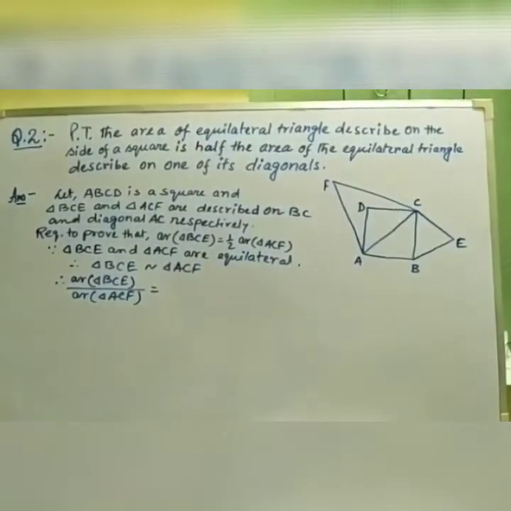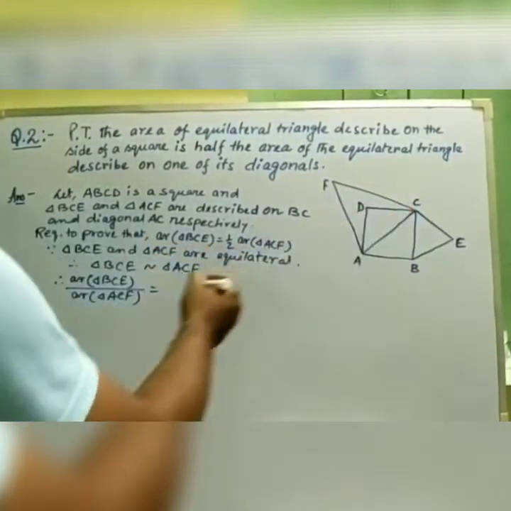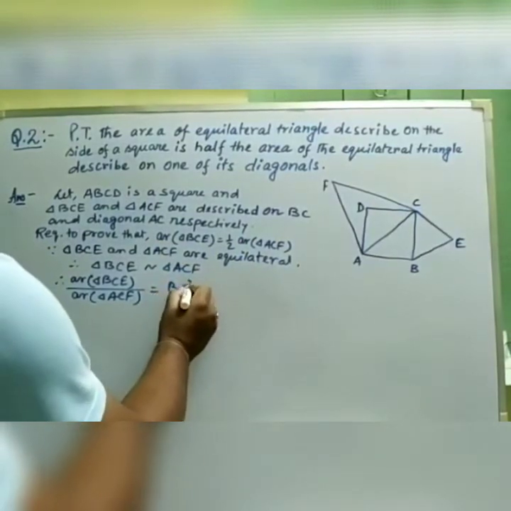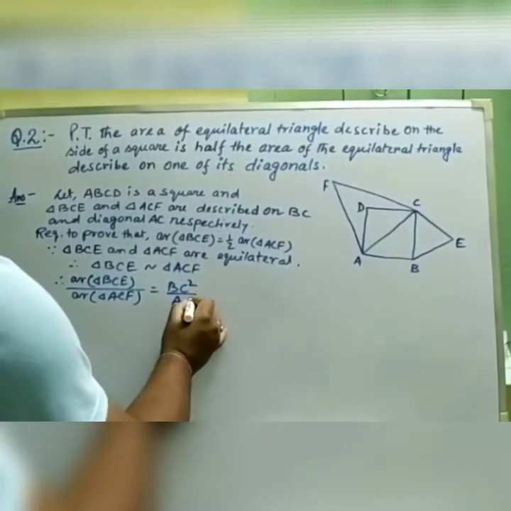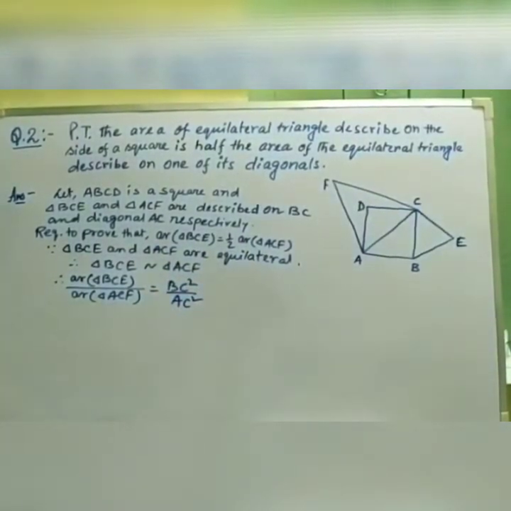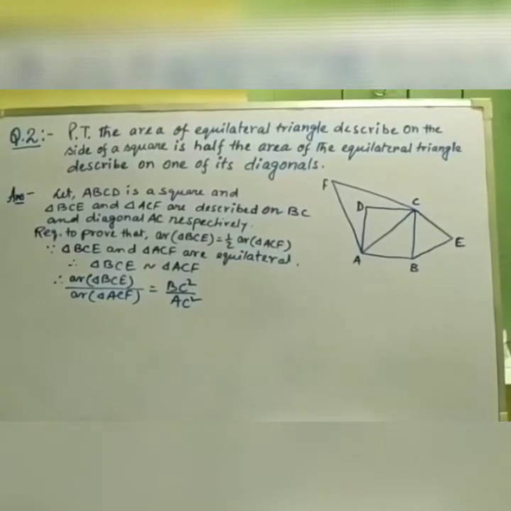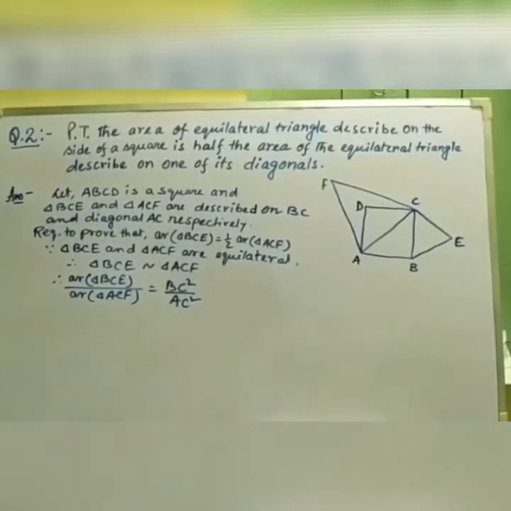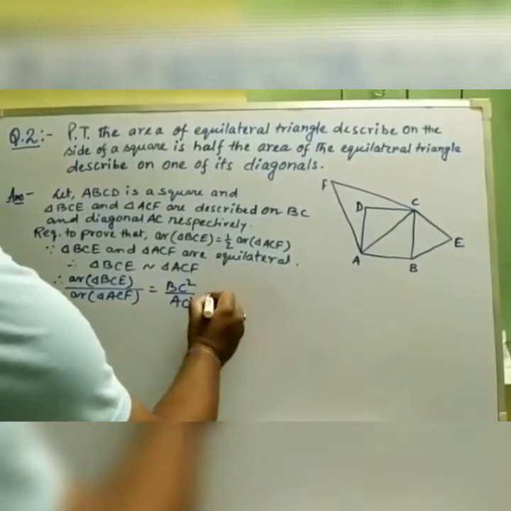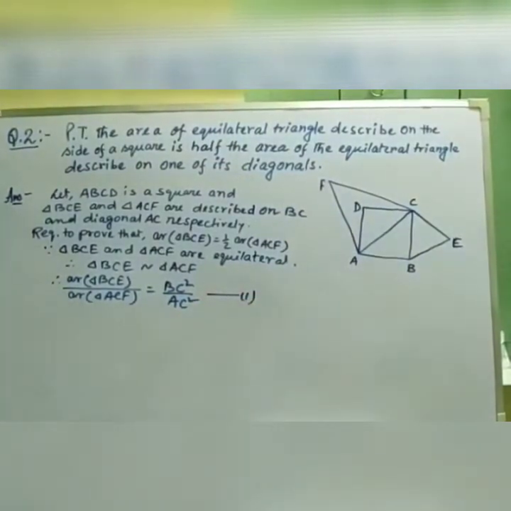So the corresponding sides are BC and AC, so that is BC square by AC square. Okay, we can write it because from that area of similar triangles theorem we can get that. And that we are keeping as condition 1.